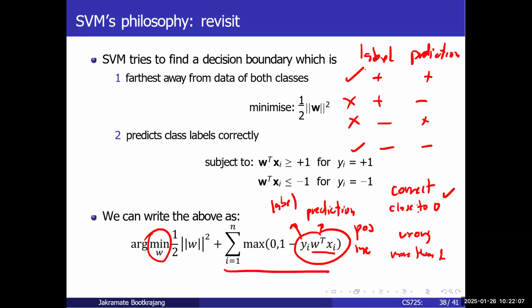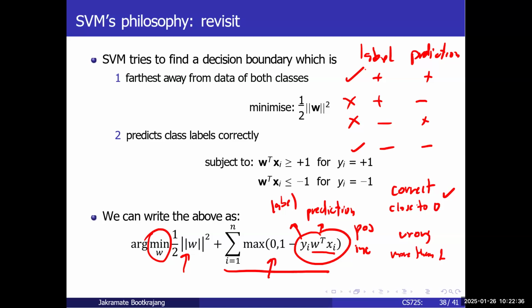Because if you are correct, this one will be very small. But if you're incorrect, this one is very, very large. And so the combined equation, basically, you want to maximize the margin, but also you want to maximize the accuracy.